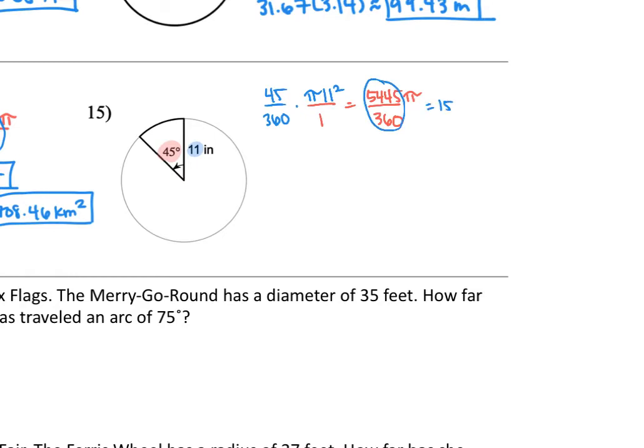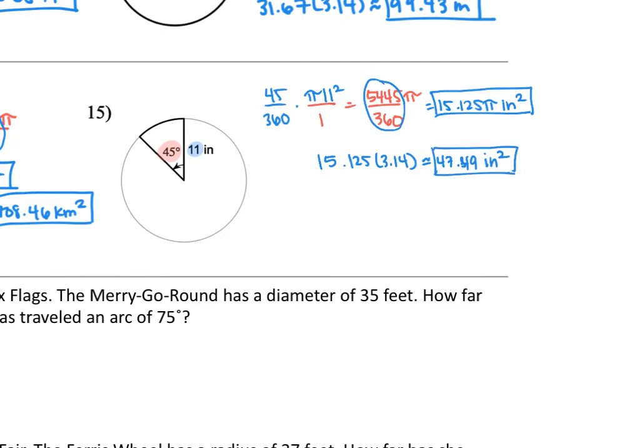That's 15.125 pi. And the units are inches squared. So there's my answer in terms of pi. To get my approximate, 15.125 times 3.14. Okay, you could always use the pi button as well. You should get 47.49. So I have my answer in terms of pi, and then I have my approximate answer.